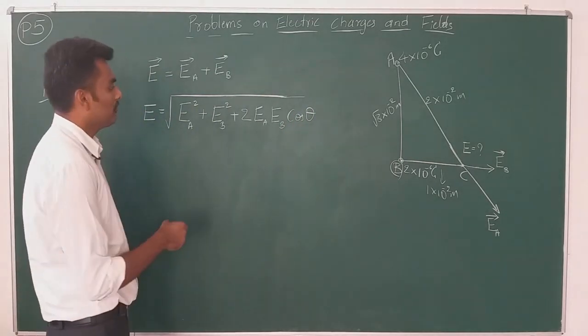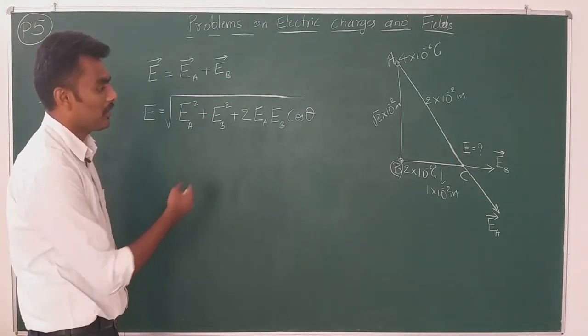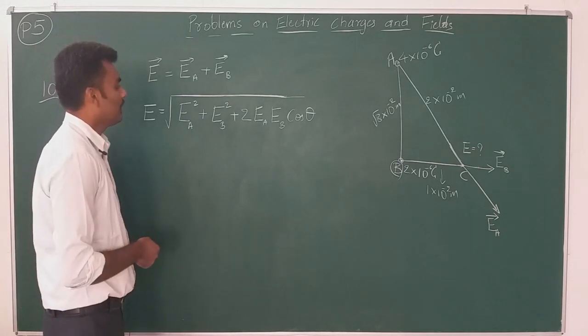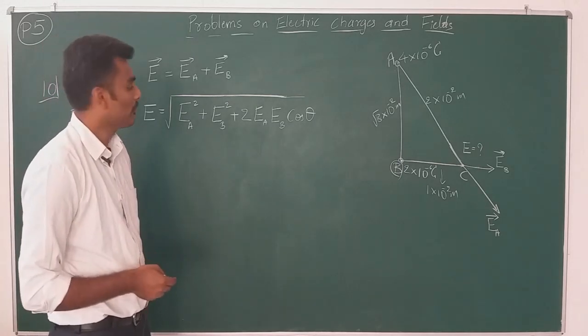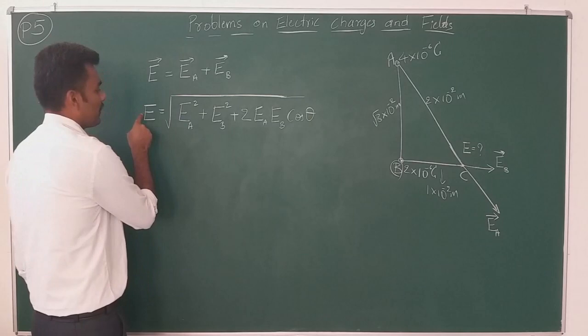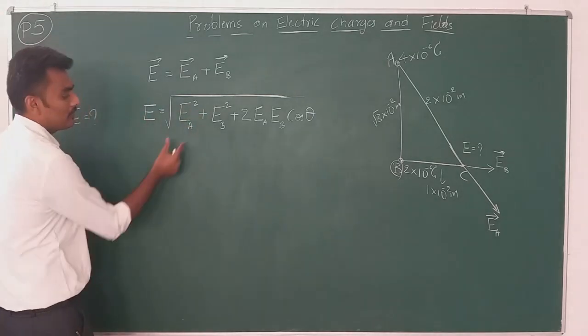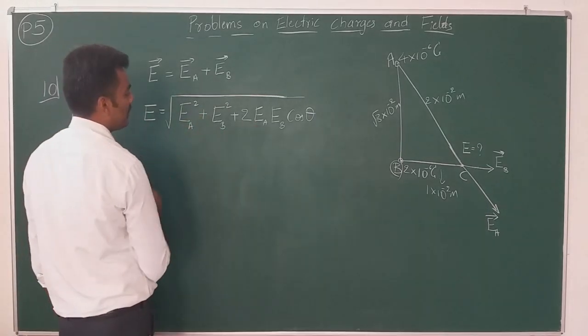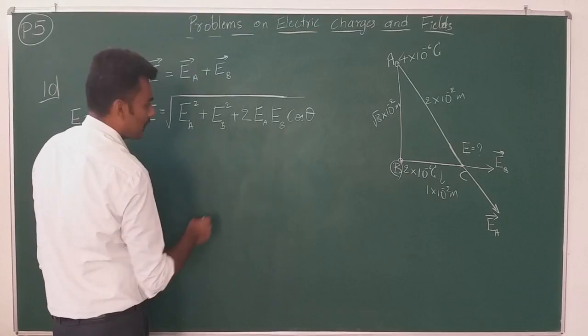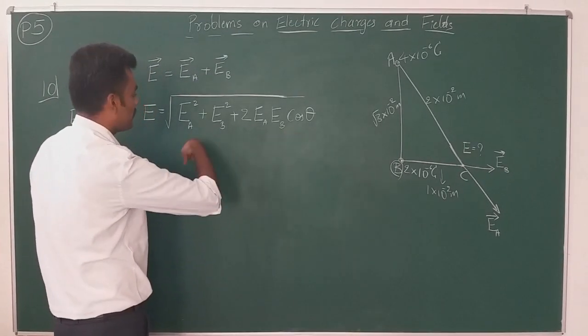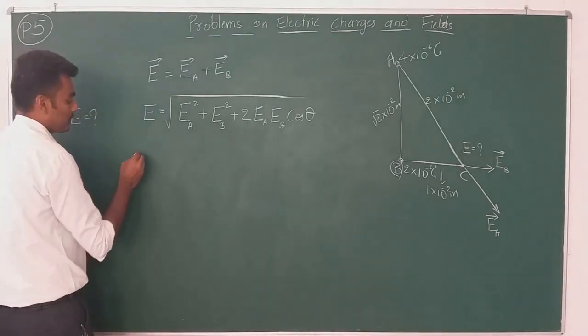We have already solved many problems in first year based on this, like finding the resultant of two vectors. The magnitude of the resultant is given by this formula. Now, what are EA, EB and cos theta? Let us find EA, EB and cos theta and put them back into the equation.